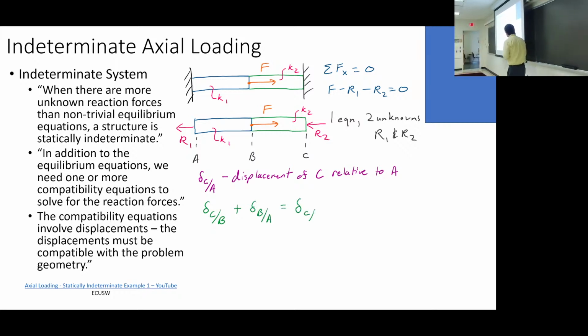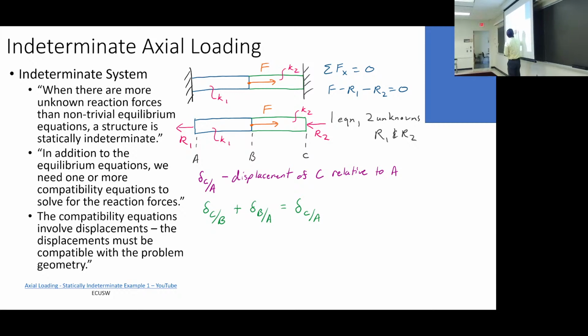In this case, we have C relative to A across the whole thing, and we have B relative to A, right here.